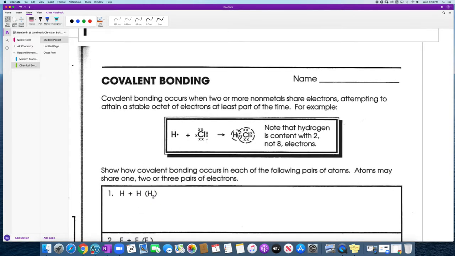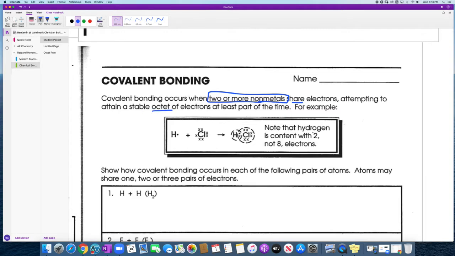Okay, so covalent bonding normally happens when two or more nonmetals share electrons. And you still end up with an octet of electrons.